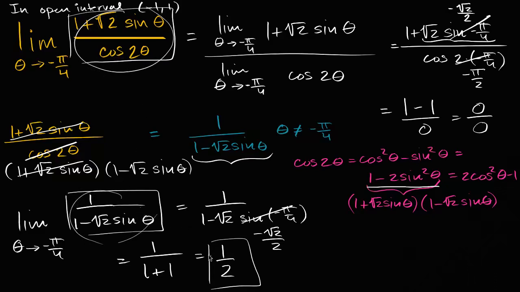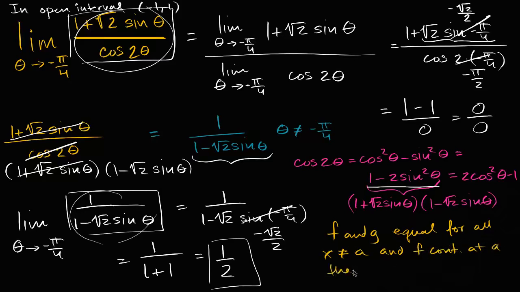and that what allows you to do this is the truth that if you have two functions, f and g, equal for all x except a, and f continuous at a, then the limit of f of x as x approaches a is going to be equal to the limit of g of x as x approaches a.